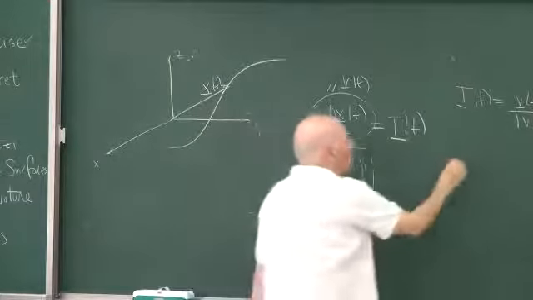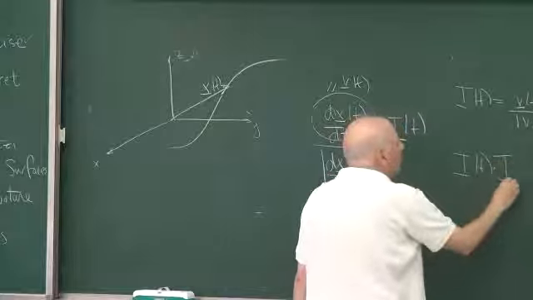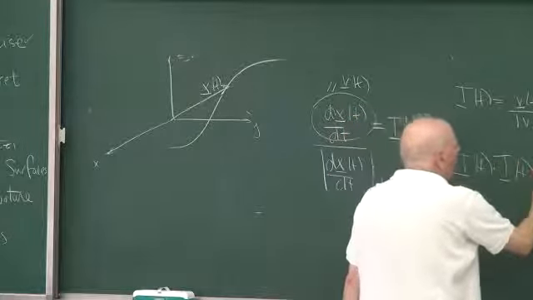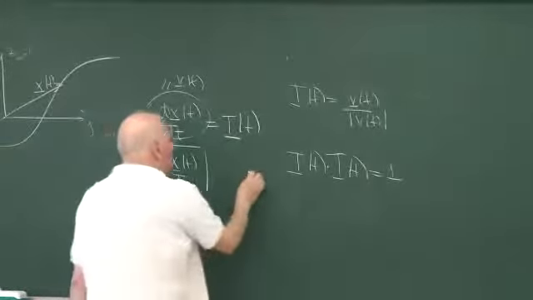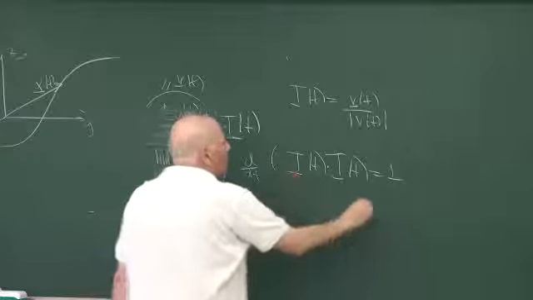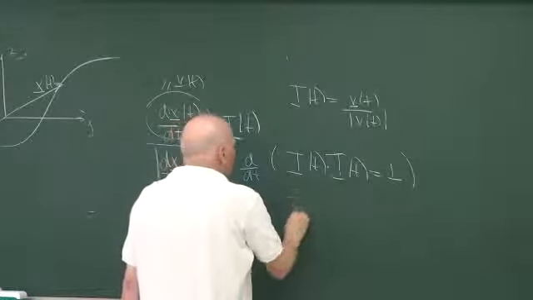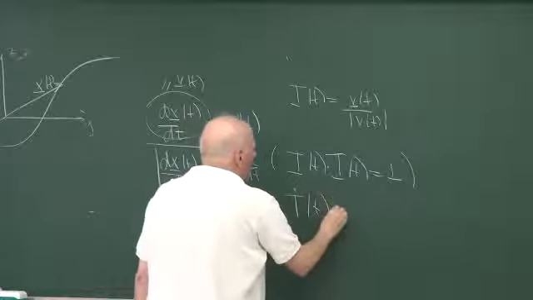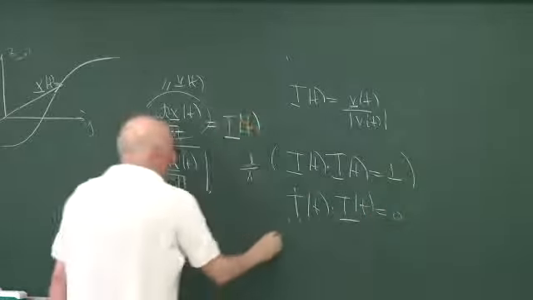Okay, but we know it's the unit tangent, so T of t dotted with itself is 1. So if I differentiate that, I get the normal. So I get T dot of t dot T of t, reviewing, equals 0. So what's the unit normal?